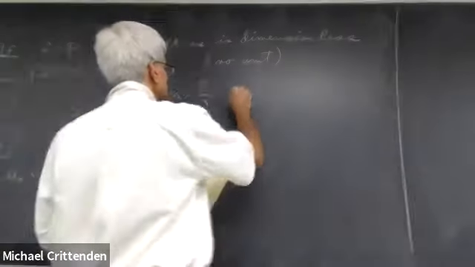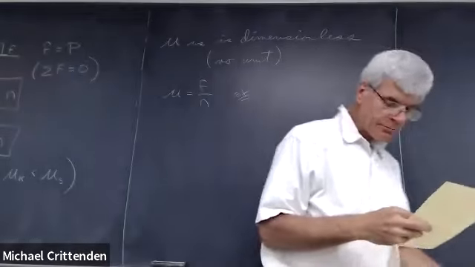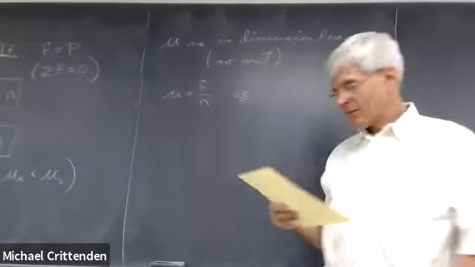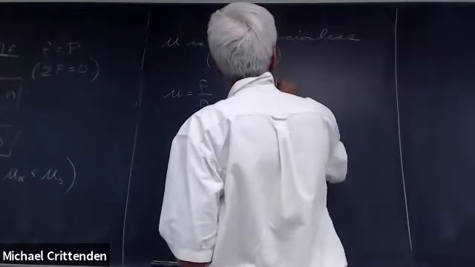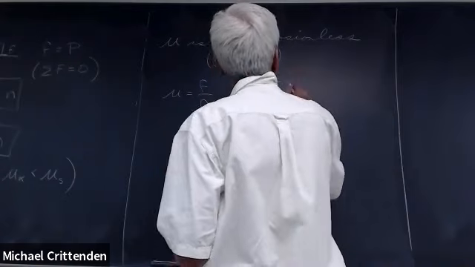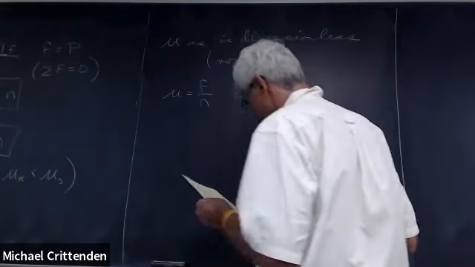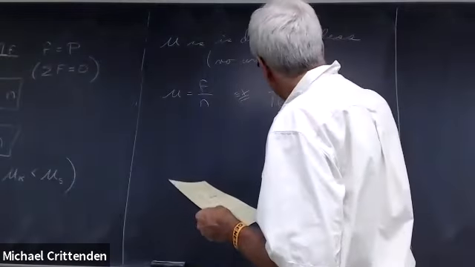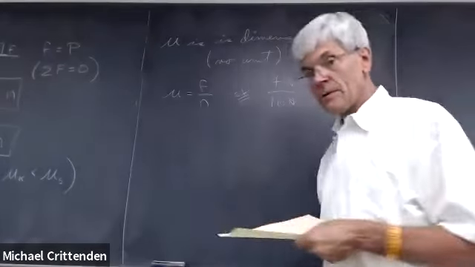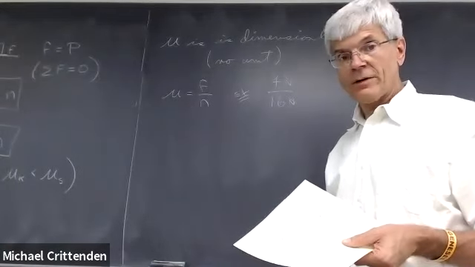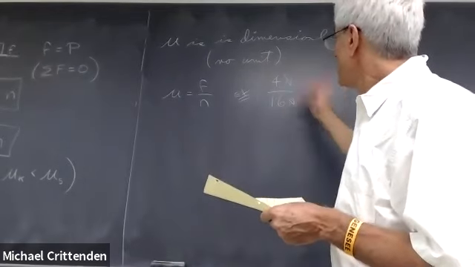Well, for example, let's say that in one particular situation, the friction force was 4 newtons and the normal force was 16 newtons. Notice, newtons over newtons drops out. It's just a dimensionless ratio. There is no unit, just 0.25.